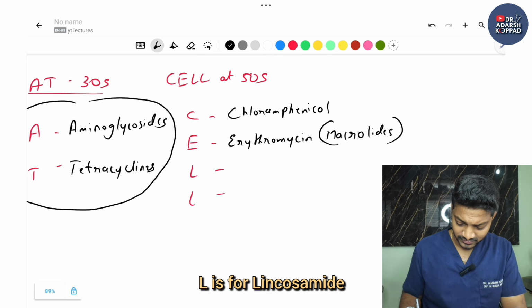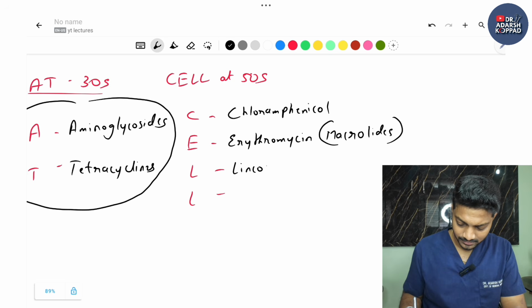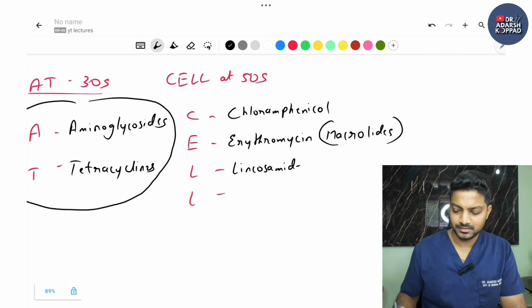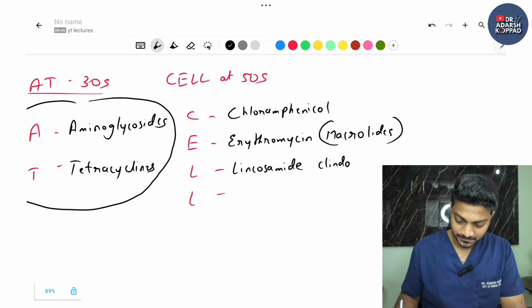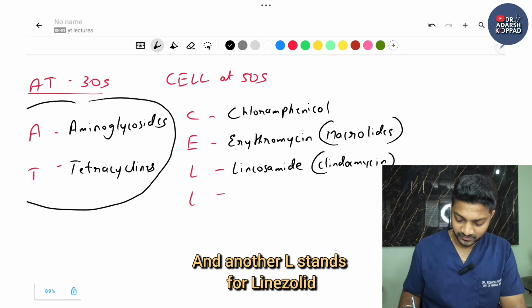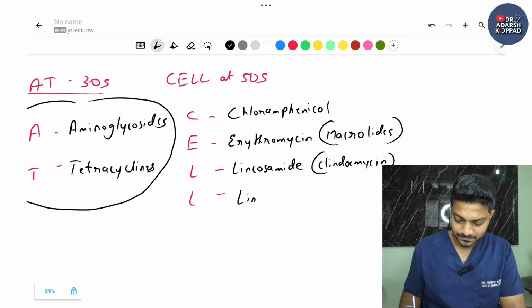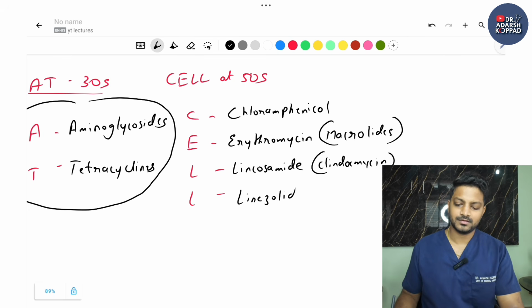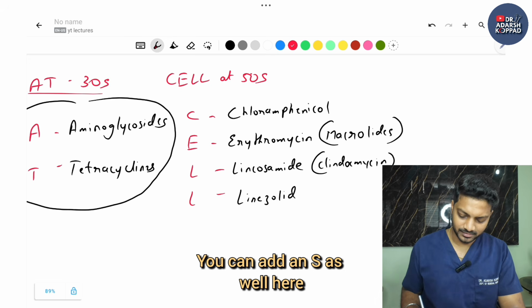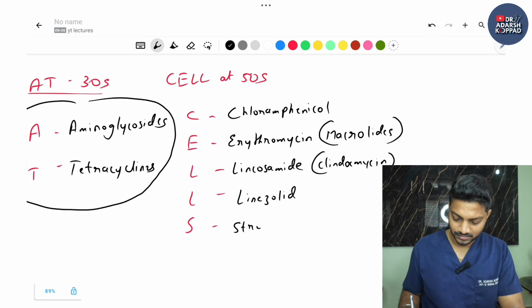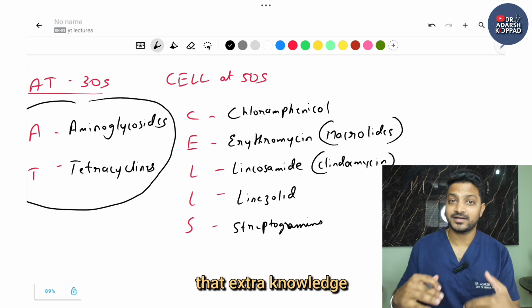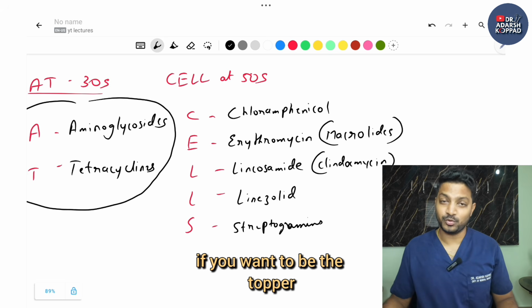L is for lincosamide or clindamycin, for example. And another L stands for Linezolid. You can add an S as well here, that stands for streptogramins, for that extra knowledge, if you want to be the topper.